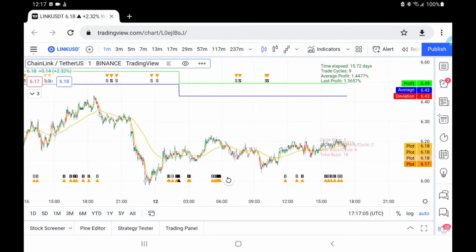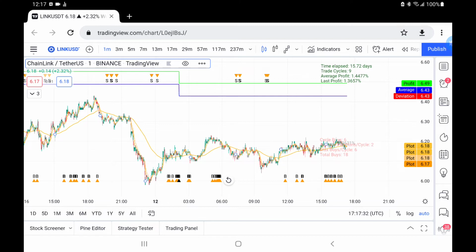Link actually has a pretty good trade cycle count, even though it does have a little bit higher accumulation rate. The accumulation rate might be worth the additional risk for this coin based upon the number of trade cycles. 9 trade cycles in roughly 3.5 days is good.